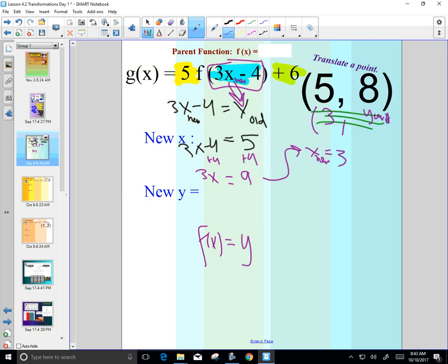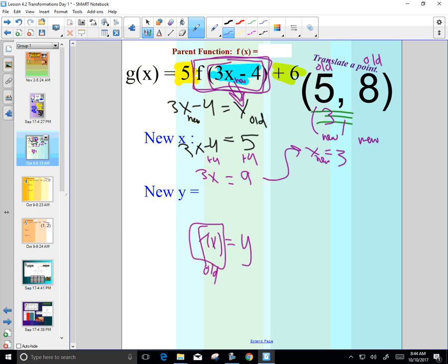So here is where my old y is. I shouldn't write it there because it looks like it's the answer here. This is the old x, and this is the old y, and we're going to translate it to the new x and the new y. Well, the new y is you're going to take the old one. Anything that's in this box is the old y.